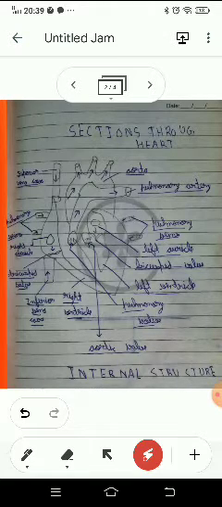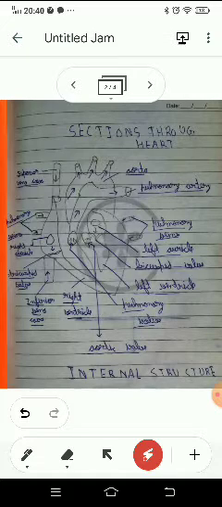First of all, I will discuss auricles. Friends, auricles are the upper chambers of the heart. Over here is the right auricle, over here is the left auricle. These are known as the upper chambers of the heart, and they are known as the receiving chambers.